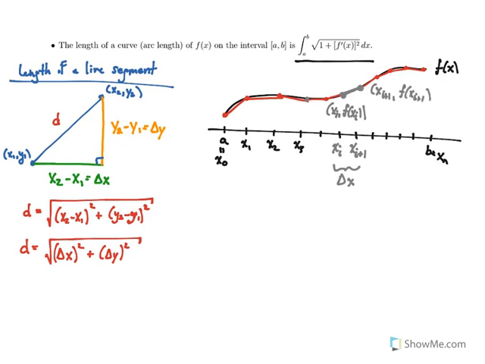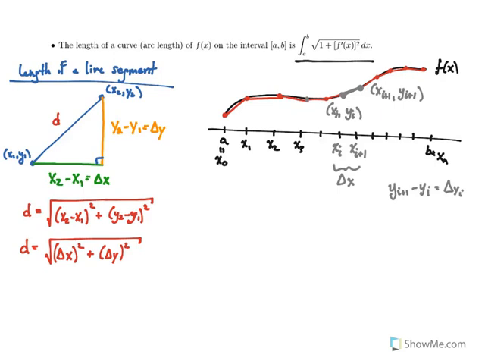But we're not going to call it f of x sub i. Instead, we're going to call it just y sub i and y sub i plus 1. And we're going to say that the difference in those y values is going to be delta y sub i.